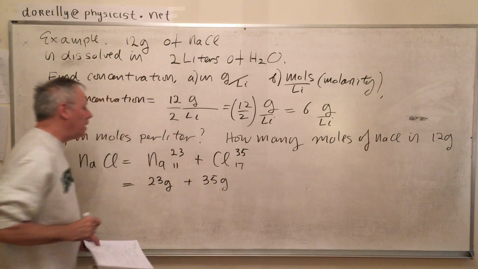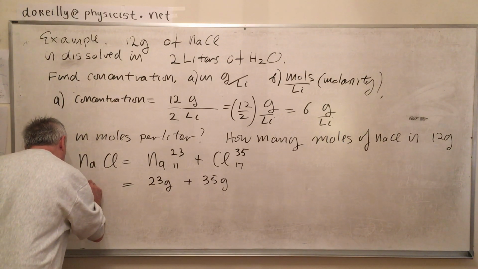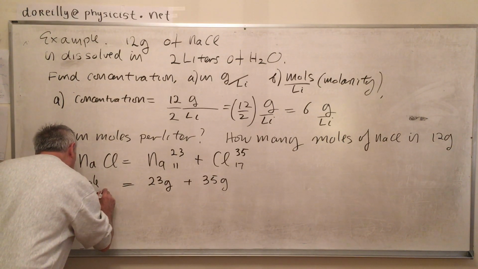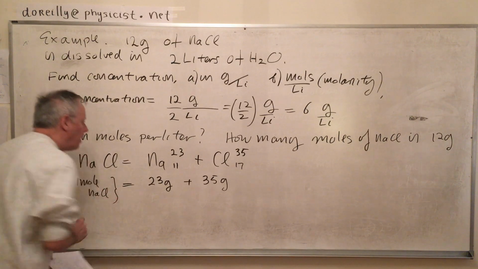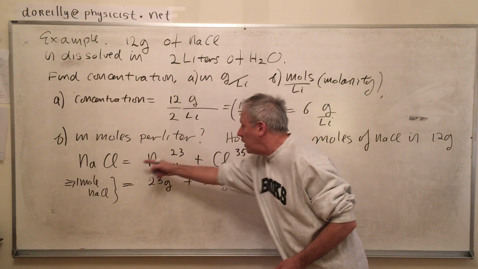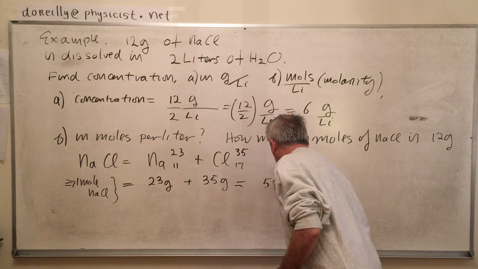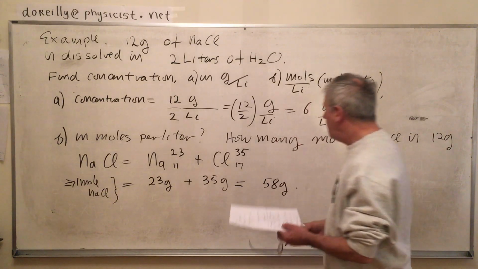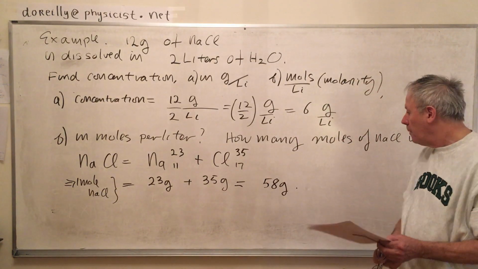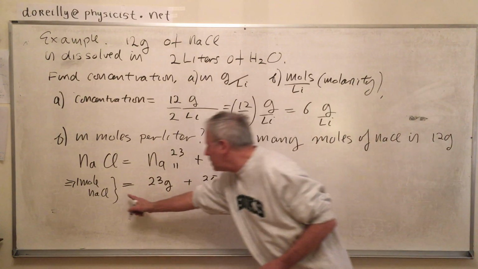So we just take the atomic weight and round it off. So therefore a mole of NaCl is these two things together, because there's the whole thing. So 58 grams is 1 mole of NaCl.